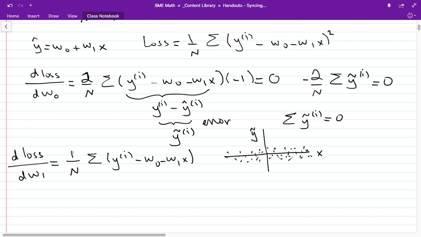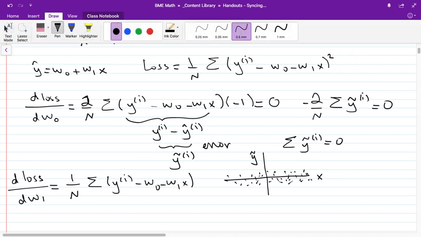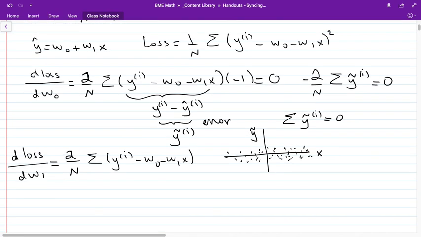So this becomes a 2, and the derivative of the inside with respect to w1 becomes minus x of i. x of i is what's inside of this. I apologize for not putting it in there. So again, this is what I observed minus what I predicted.